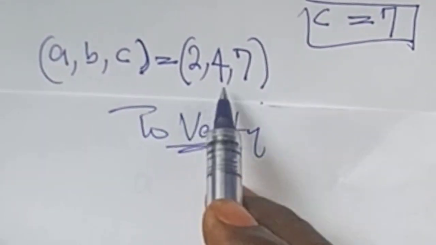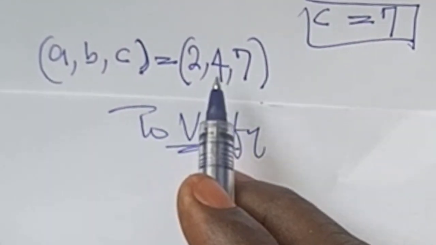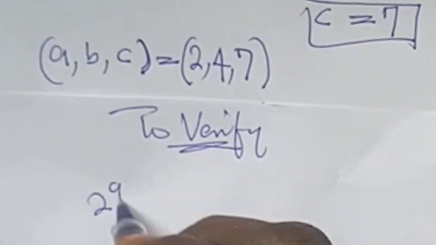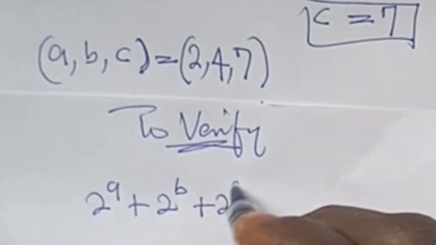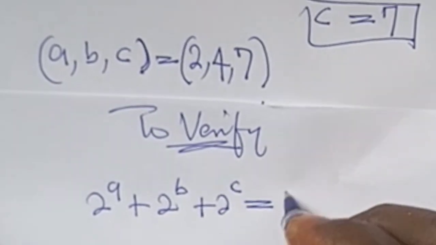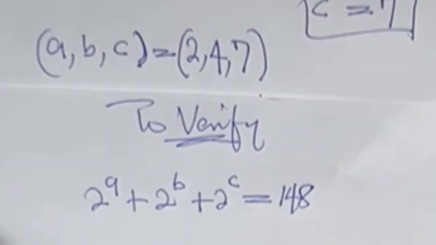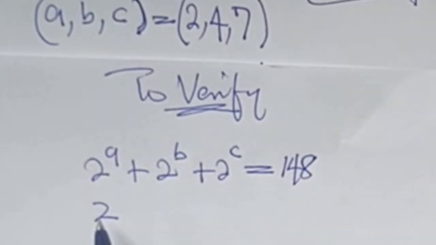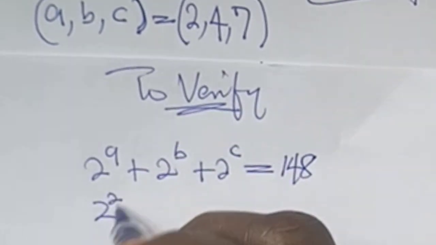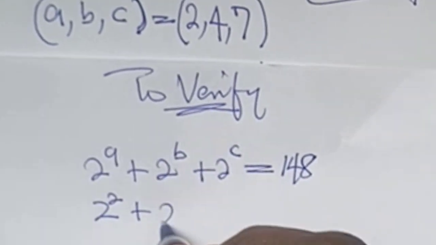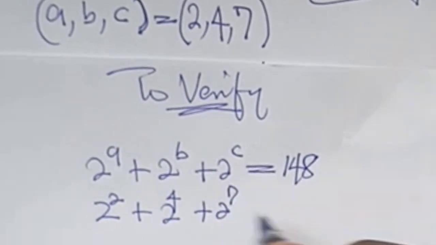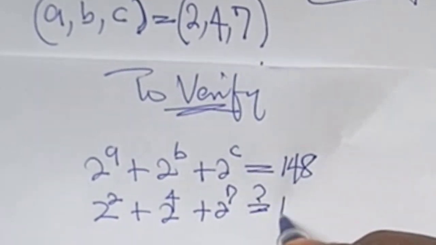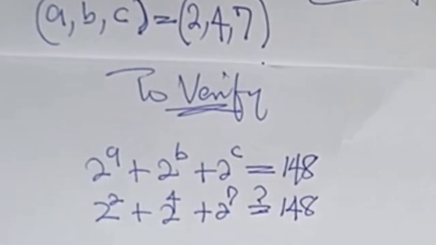So to verify if this value satisfies the original equation, we're going to write 2 to the power of a plus 2 to the power of b plus 2 to the power of c, which was given as 148. So that 2 to the power of 2 plus 2 to the power of 4 plus 2 to the power of 7. We want to check if this will give us 148.